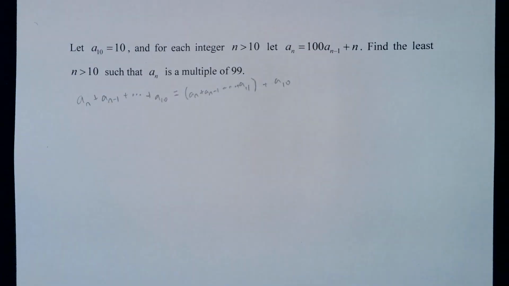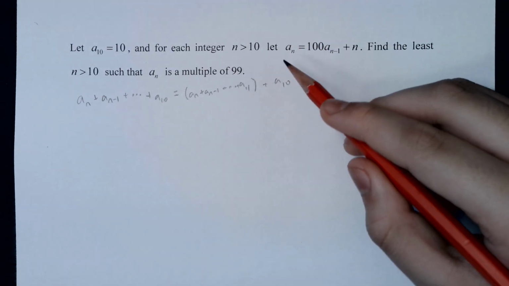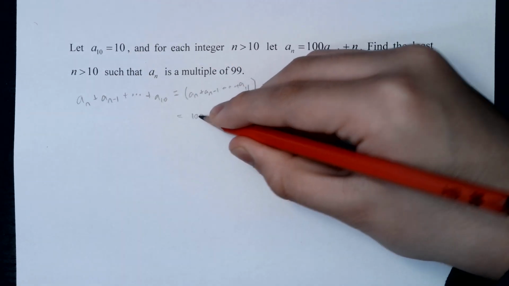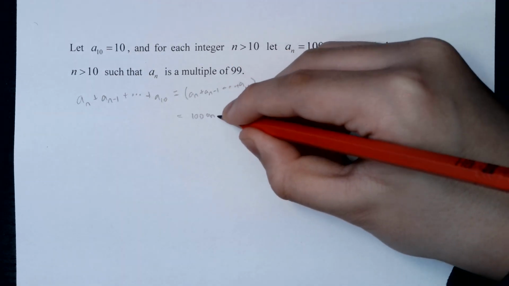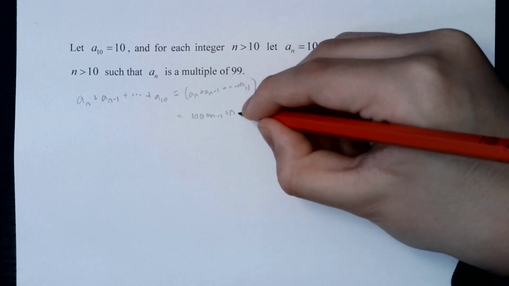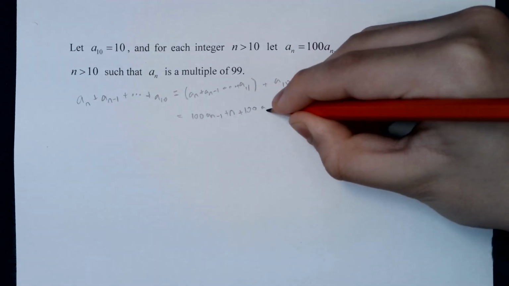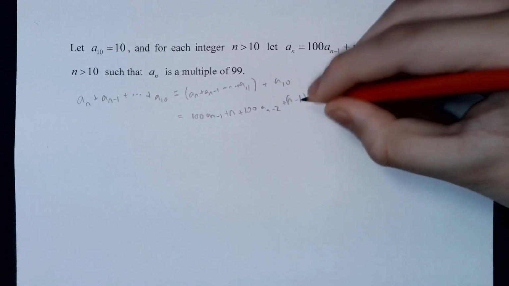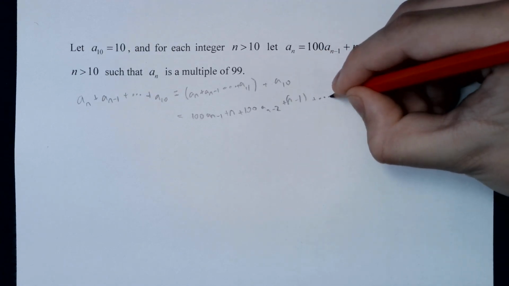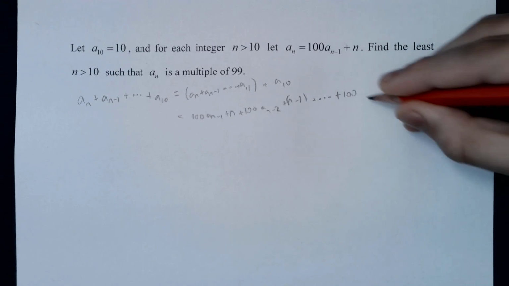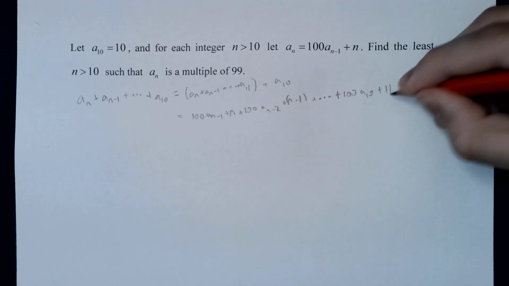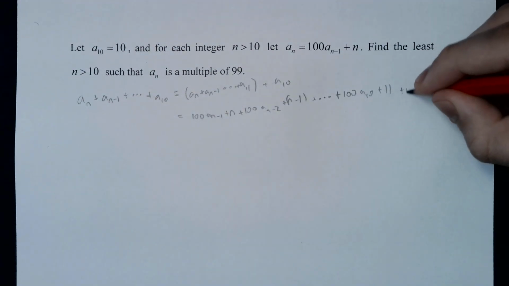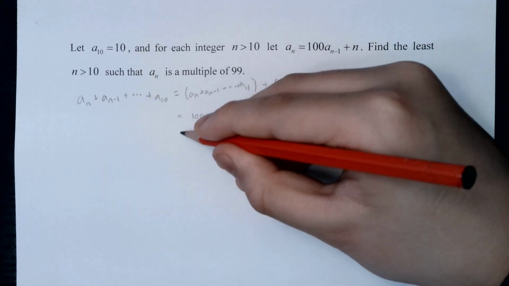Now from here, we can plug in the recursive formula. So we can see that this should equal 100 an minus 1 plus n, plus 100 an minus 2 plus n minus 1, all the way down to 100 a10 plus 11. Since a10 is going to equal 10, we can just plus 10 at the end here.